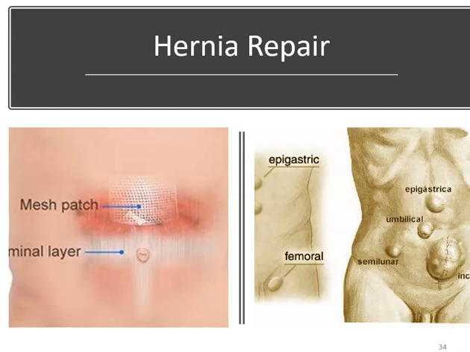Is it incarcerated or is it strangulated? You also need to know, is this an initial hernia repair or is this recurrent? You also need to know the age of the patient.